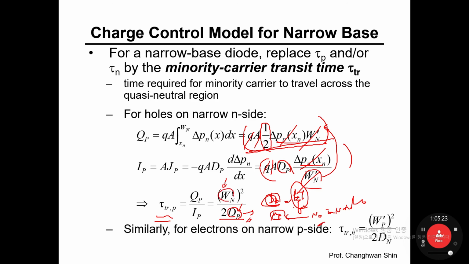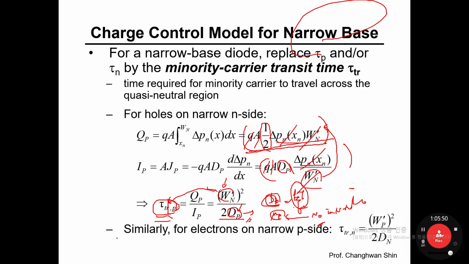And Wn prime is, this is a narrow base p-n junction diode, so you may define the physical length of the n-side. So the whole transit time, tau of TRP, is very dependent on diffusion constant or doping concentration and physical width of the n-side material.